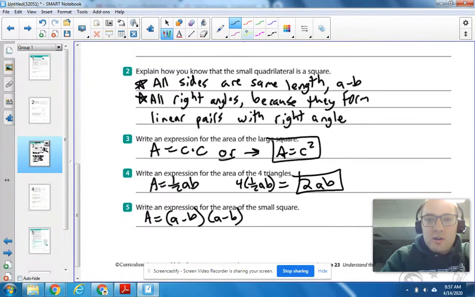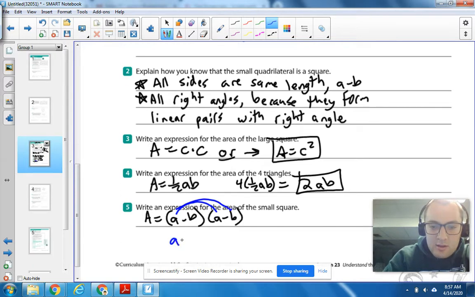I'm going to use a different color here. You have to take the first A, multiply it by both of those things. So I'd get A times A. And then I'm going to keep my minus sign, and that would be A times B.